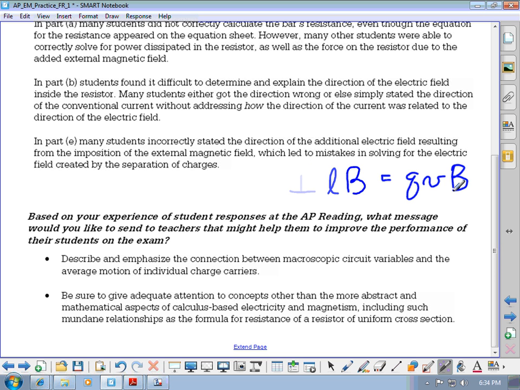Velocity is meters per second. So if you look at the units, QV is coulomb times meters per second. If you look at IL, it's coulombs per second times meters, so it's coulomb meters per second. QV and IL are the same thing.